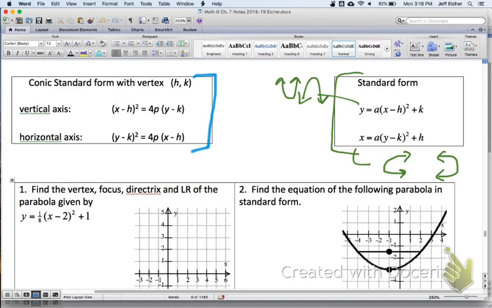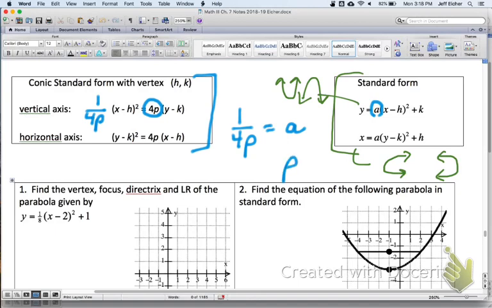In this conic standard form with a given vertex, basically all that's happening is this 4p. If we divide both sides by 4p, we get 1 over 4p, which is basically equivalent to what a is in this one over here. So 1 over 4p equals a.